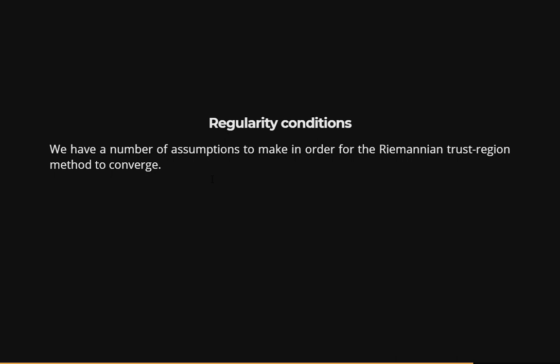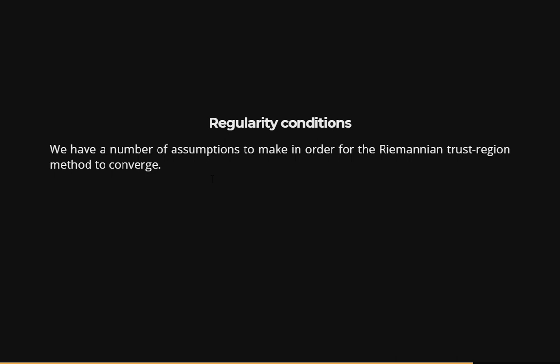There are some technical assumptions regarding, let's say, having introduced the Riemannian trust region, we don't have just the step size to control, but we have a much more complicated set of conditions. So the sufficient decrease, which was just, okay, every step should have a gain which is at least some multiple of the gradient. That was the sufficient decrease in the Riemannian gradient descent. Now it splits up into a number of different conditions, which are a bit complicated to write down.